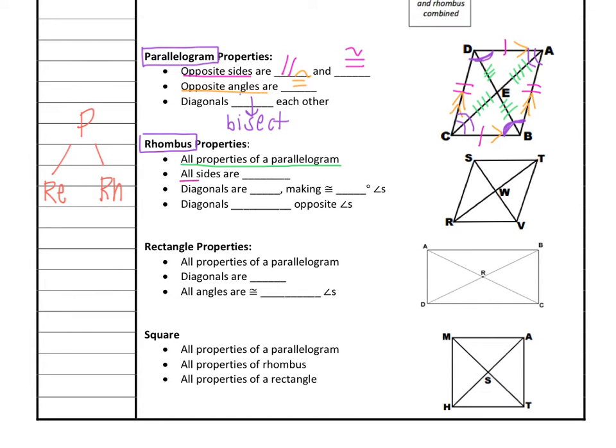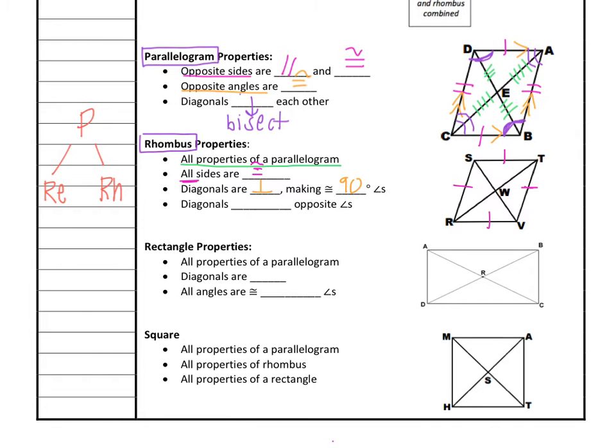We know that all of the sides are actually congruent, if I can draw the congruent symbol, meaning that each of the sides is the same length. Okay, that's special about a rhombus. Also, the diagonals are perpendicular to each other, meaning that they make 90-degree angles.